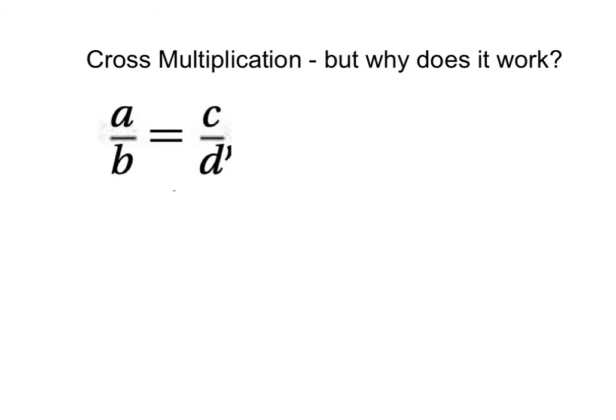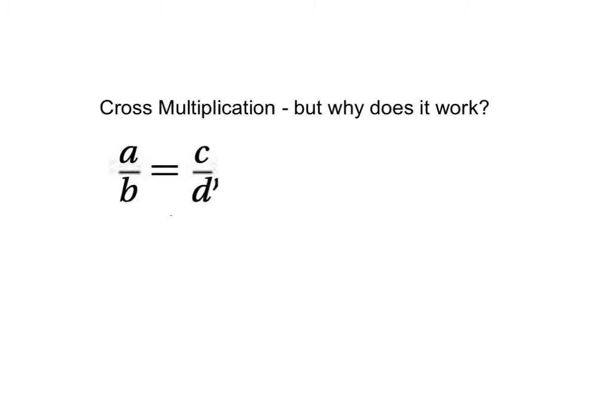Okay, and why does cross multiplication work? Well, when we cross multiply, essentially what we're doing is trying to get rid of the fraction portion. If we look at both denominators right now, we have B and D. Now, if we multiplied both sides by BD, we would be allowed to cancel some stuff.